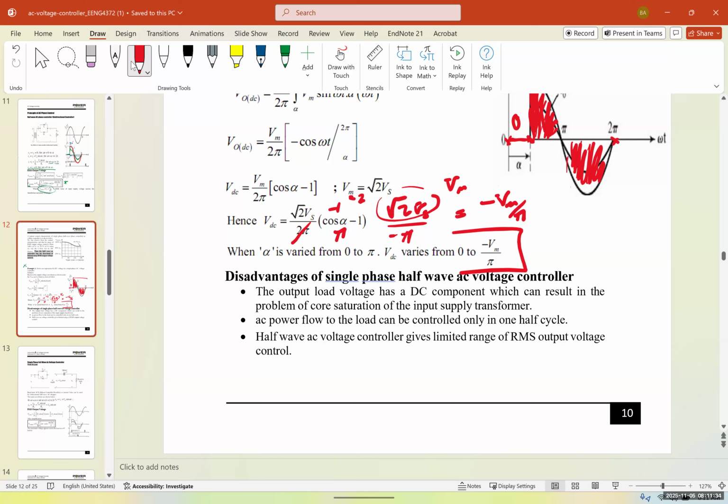Why? Because if you put a DC current inside a transformer, the core becomes like a permanent magnet, and it's going to saturate the magnetic core, and therefore it's going to create some problems, reduce efficiency, create extra heat, etc. So the DC component, we don't want to have it. It's a problem.